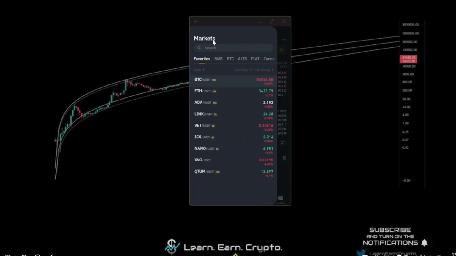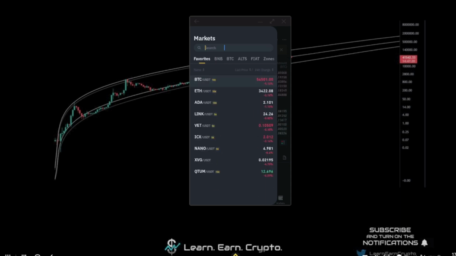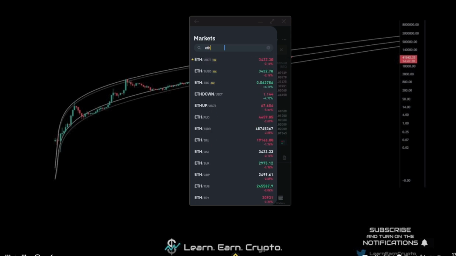And this is the search bar where you can search the other cryptocurrency pair that you wish to trade. You can search the cryptocurrency like ADA for Cardano or ETH for Ethereum.